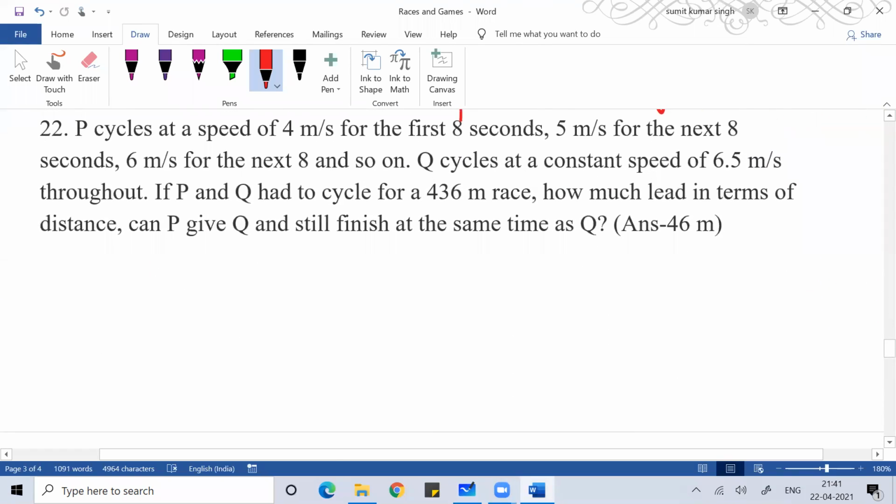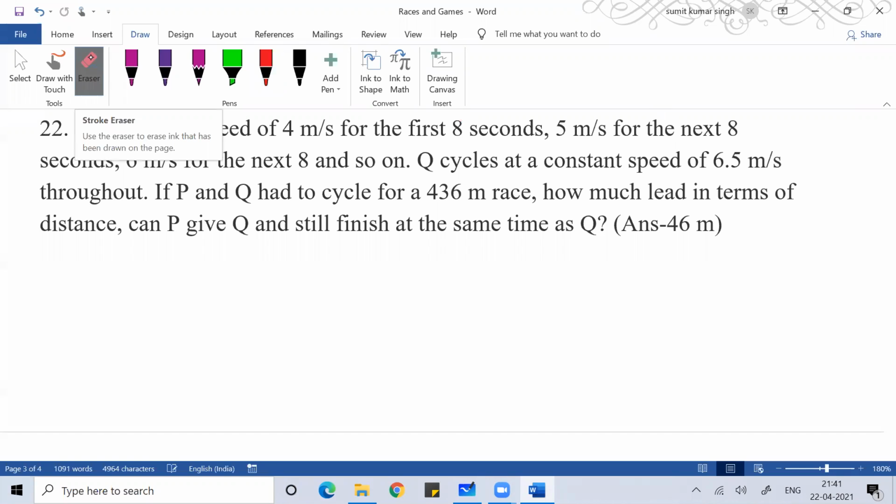Then you can see this question number 22. P cycles at the speed of 4 meter per second for the first 8 seconds, and 5 meter per second for the next 8 seconds, 6 meter per second for the next 8 seconds, and so on. Q cycles at the constant speed of 6.5 meter per second throughout.